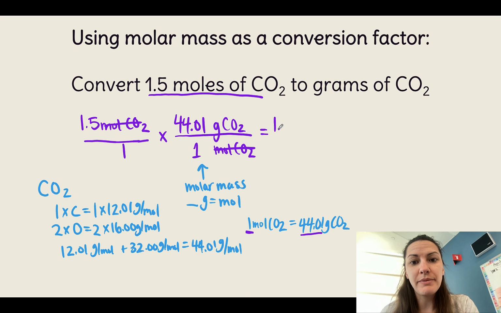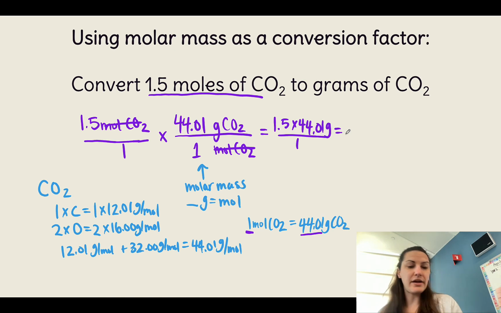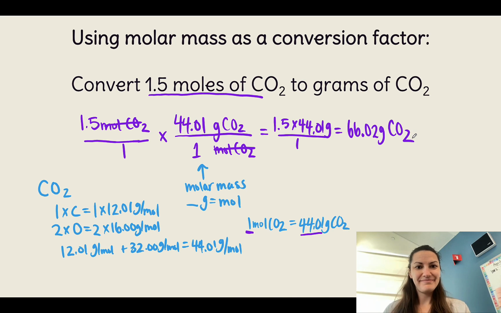I will multiply the numbers on the top, 1.5 times 44.01 grams, divided by 1. When I do that, let's get our calculator out. 1.5 times 44.01. I get an answer of 66.02 grams of CO2. Great work.